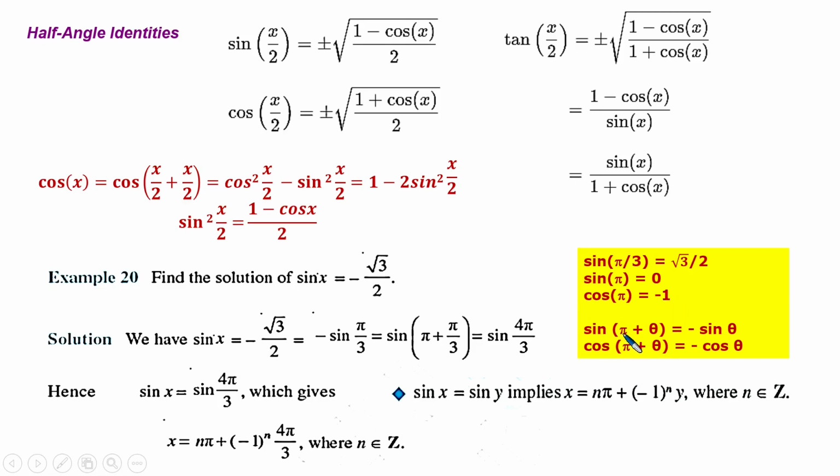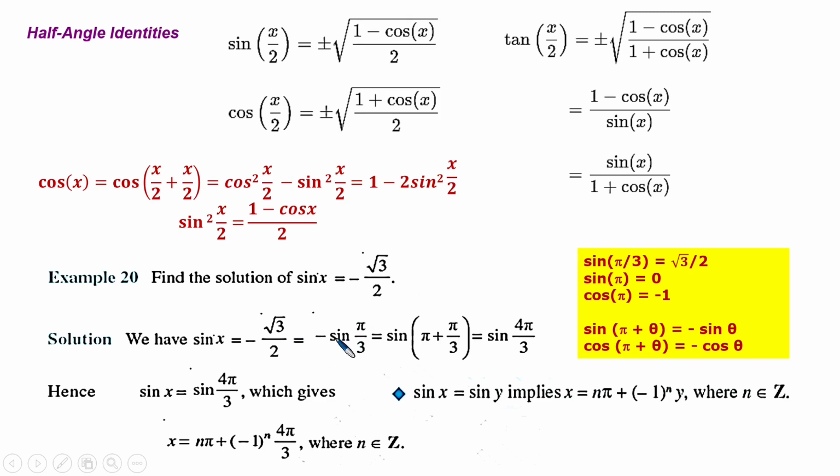We also know that sin of (a plus b) is sin a cos b plus cos a sin b. Use that formula and, because sin of pi is 0, the first product term will vanish. So you will have cos of pi, which is minus 1, times sin of theta. These things we will use here. Now this root 3 by 2 is sin of pi by 3, so I can write minus of sin of pi by 3.